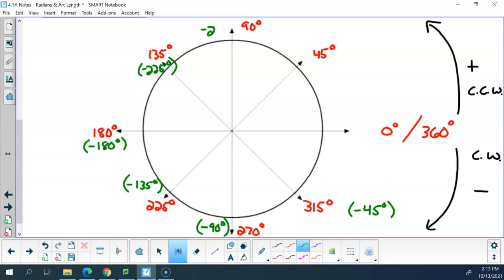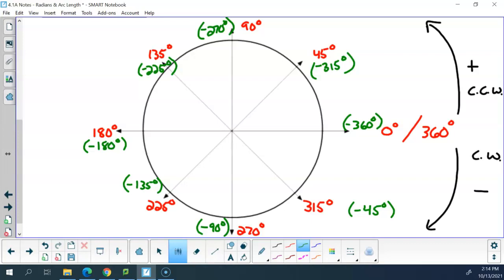Negative 270 degrees. Negative 315. Negative 360. And all of those measures can be put into a trig function. And the outcome would be a real number.